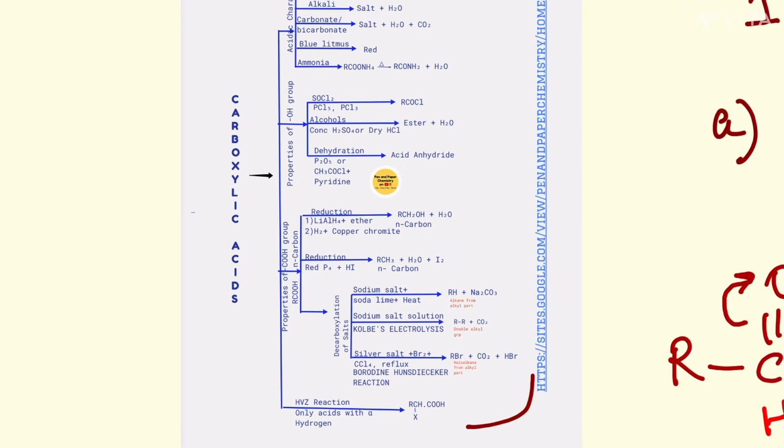charts. Now we've already covered the properties of COOH group involving decarboxylation, that means removal of the COOH group. Also reduction has been covered already.